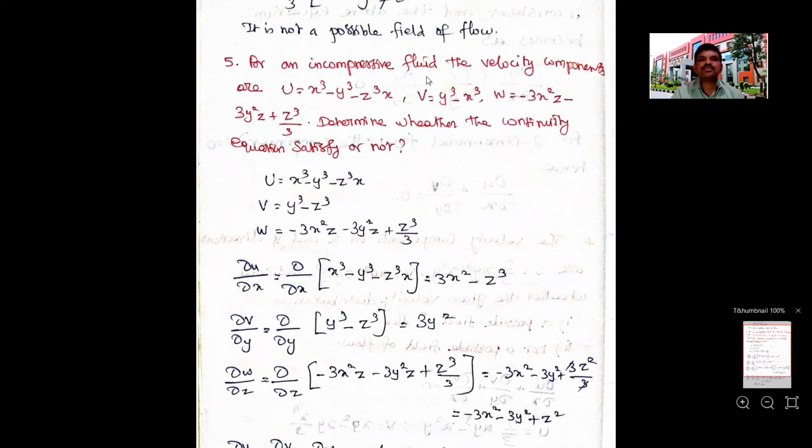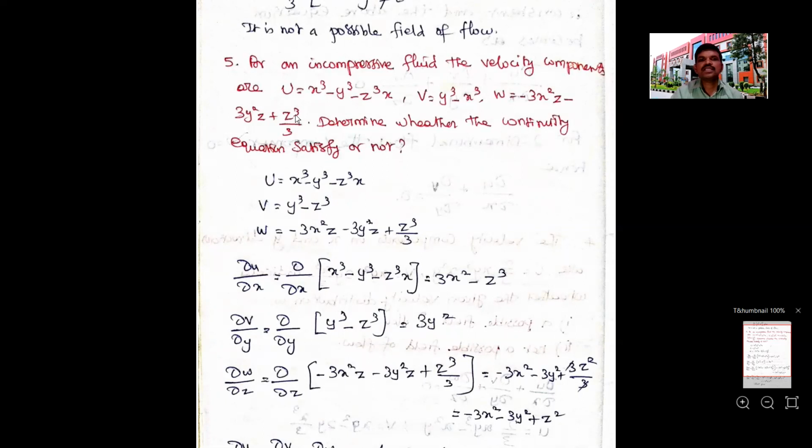Next, the second question. For an incompressible fluid, remember, incompressible fluid means if you take water. For an incompressible fluid, the velocity components are u is equal to x cube minus y cube minus z cube x, next, v is equal to y cube minus x cube, comma, w is equal to minus 3x square z minus 3y square z plus z cube divided by 3.